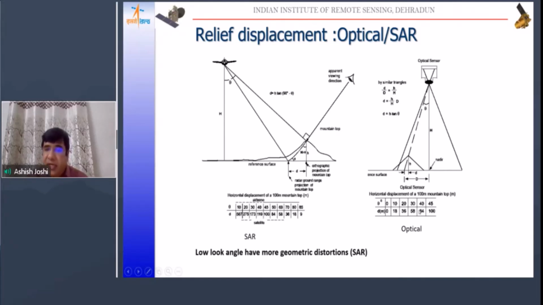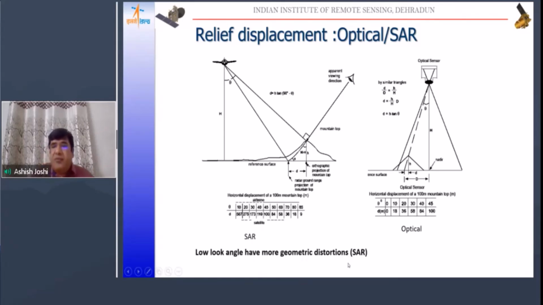For the optical sensor it is much less, because it can image only from 0 to 45 degrees, so the maximum displacement is only about 100 meters. But in SAR it has a maximum of 560 meters, and it becomes lesser towards the far range. So a low look angle has more geometrical distortion in SAR images.